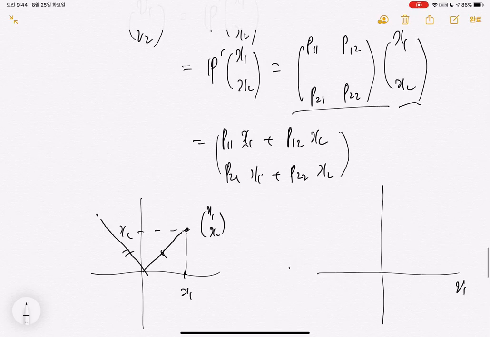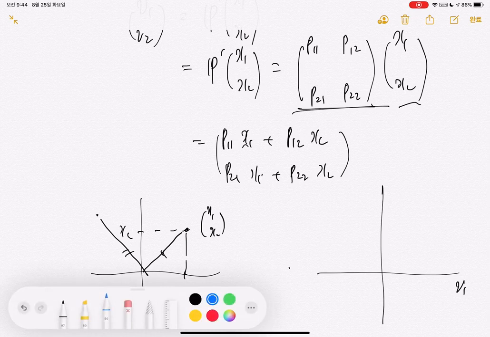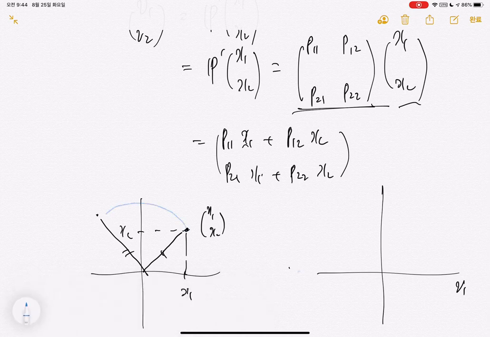Okay, so what the P matrix does is it rotates. Depending on the values, of course, it rotates this way or this way. But the point here is, it doesn't change the length.